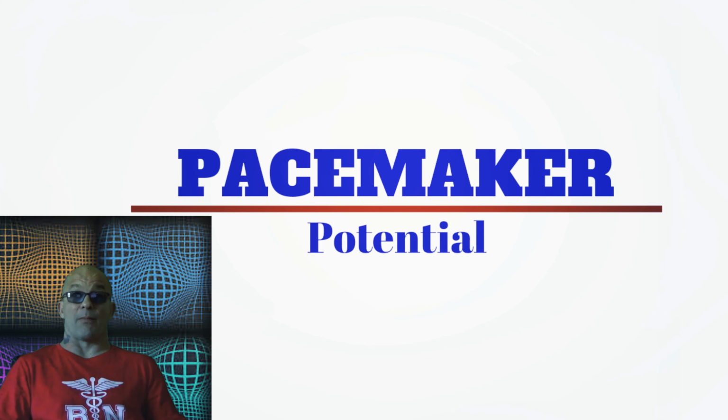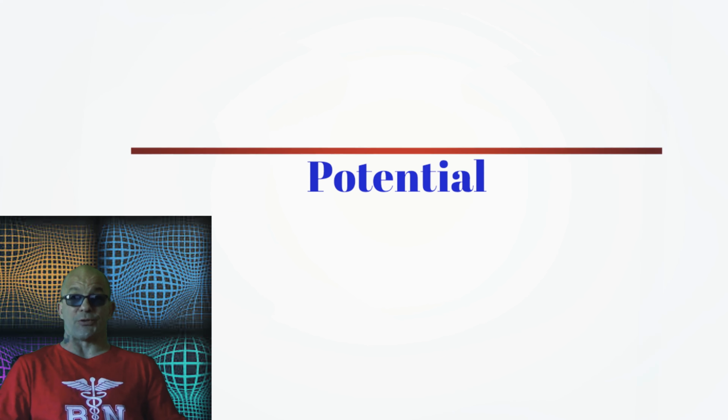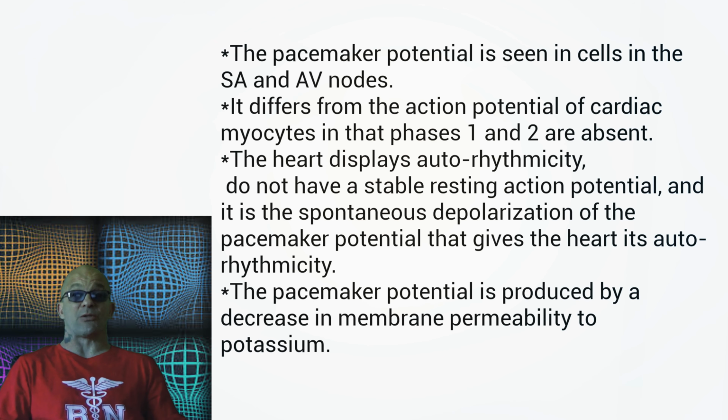Now we must talk about the pacemaker potential. The pacemaker potential is seen in cells in the SA and AV nodes. It differs from the action potential of the cardiac myocytes in that phases 1 and 2 are absent. The heart displays autorhythmicity.